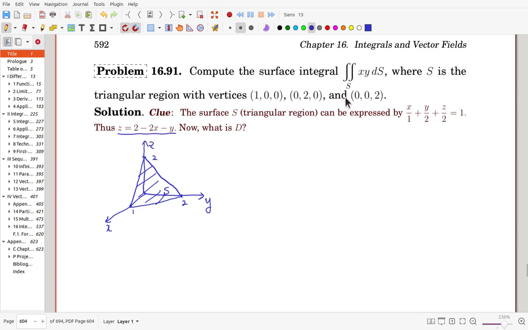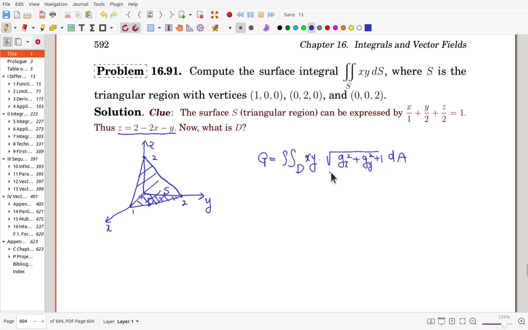Now, for the surface integral, the given integral will be a double integral over D. Of course, you can find D quite easily once you consider this as a function of x and y; the bottom must be D. Same in x and y, and you have to put here the square root of g_x squared plus g_y squared plus 1 dA.